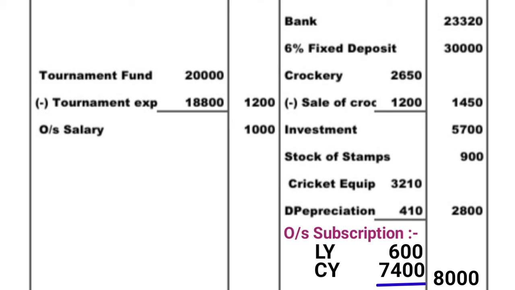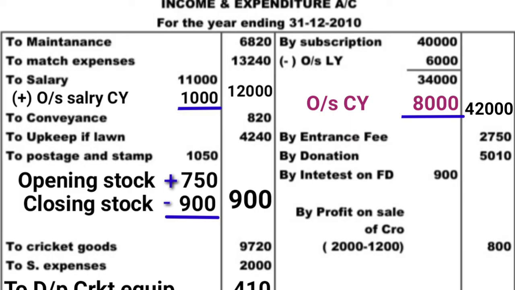Clear? So current year outstanding subscription is rupees 7,400 only. Then now we can change here in the income and expenditure account also. It is not 8,000, it is 7,400. Then the figure is 41,400.